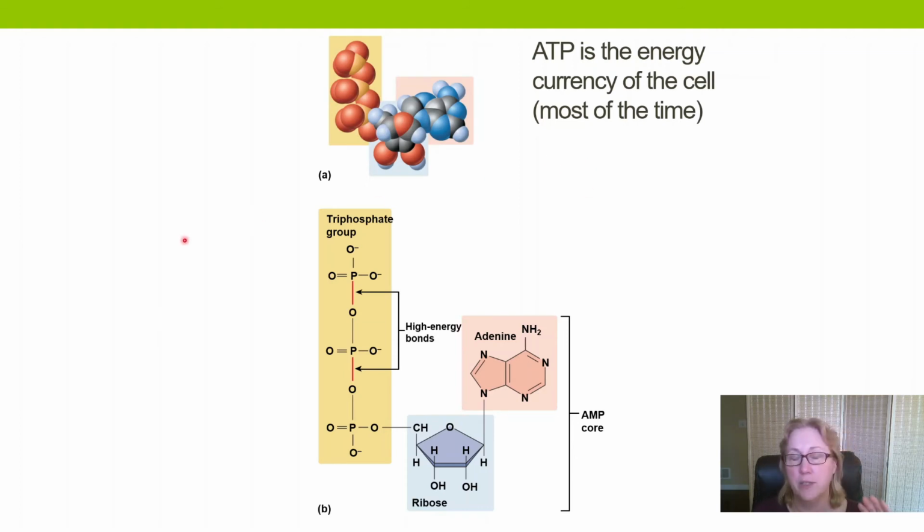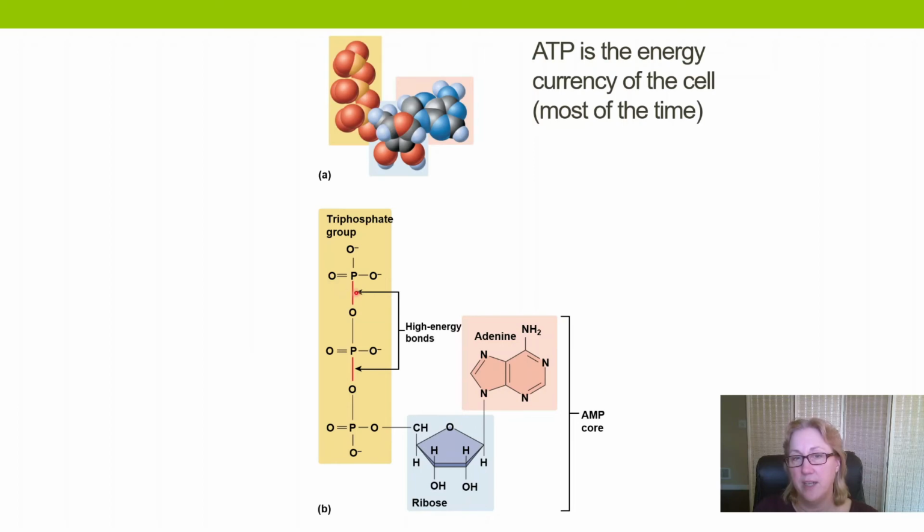It's not the only RNA nucleotide that's used for energy. As we'll see when we get to protein synthesis, GTP is another RNA nucleotide that is used for energy as well. And the T is for tri, so the A is for adenine. So ATP is adenosine triphosphate, and that means there's 3 phosphates here. And 2 of these phosphates can be removed to release a little packet of energy.